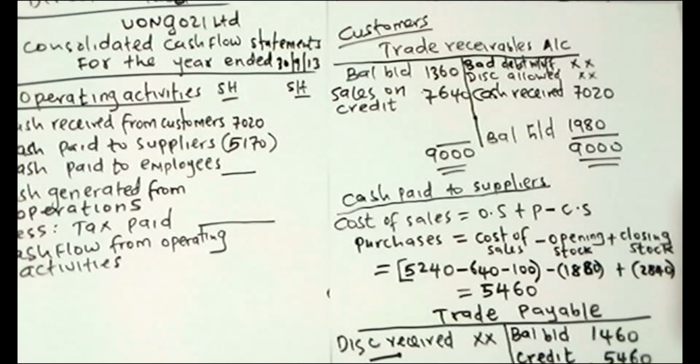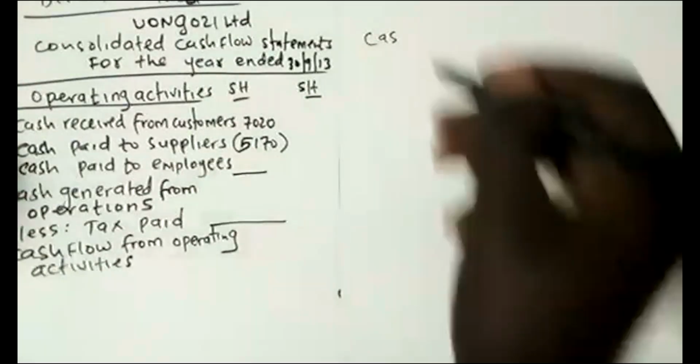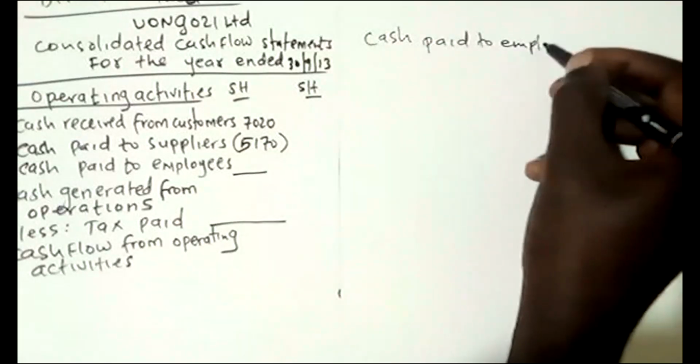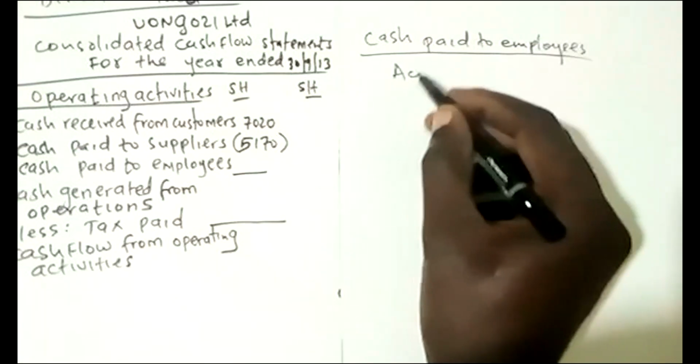For the cash paid to employees, I said that we consider the operating expenses, that is admin and the distribution expenses. So cash paid to employees, that is we consider admin.